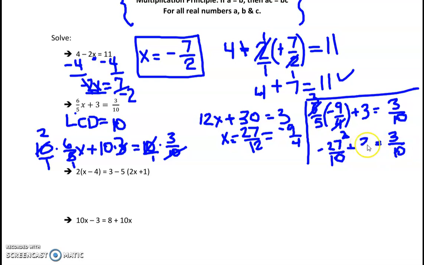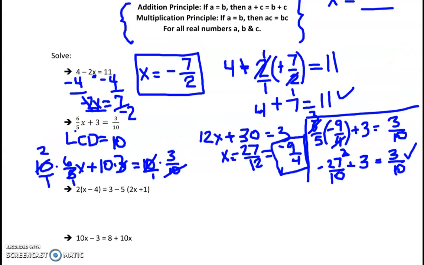So if I take 30 over 10 plus a negative 27, that gives me a positive 3 over 10. And I know that I'm done. So once you get to the point that you can see that it's a true statement, your check is done. And then go back and just put a box or circle your answer. So the answer here, the solution is x equals negative 9/4.